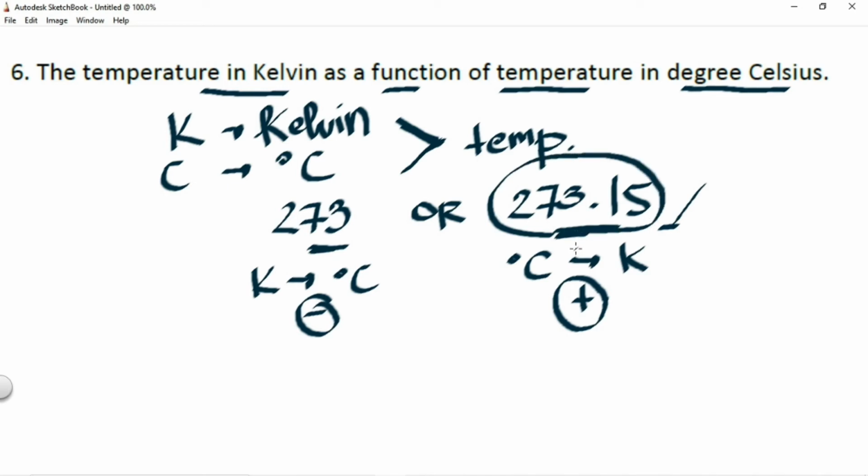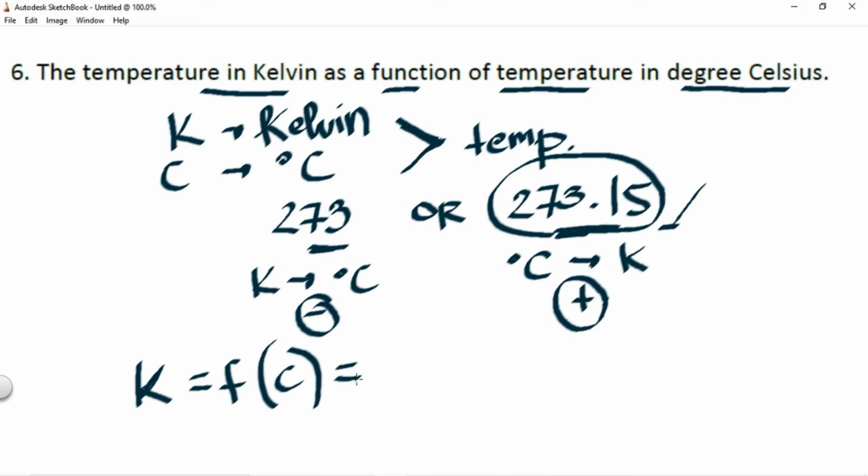273.15. So from the statement of the problem, the temperature in Kelvin, which is the unknown, is a function of the temperature in degree Celsius.